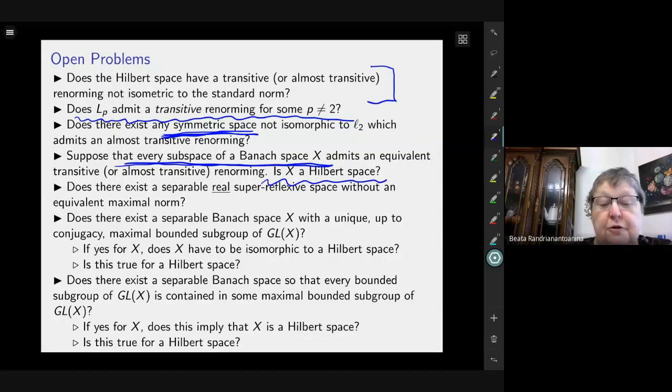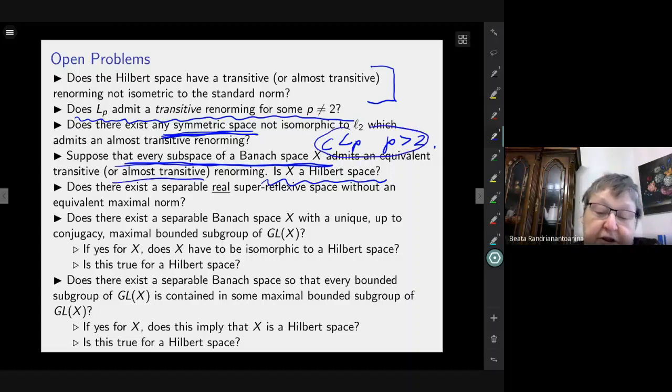We know it's true when X is a subspace of capital L_p for p bigger than 2. If every subspace admits an equivalent transitive renorming, or almost transitive renorming actually, then it has to be a Hilbert space in this special case. In general, we don't know. This is a question of Ferenczi and Rosendal.